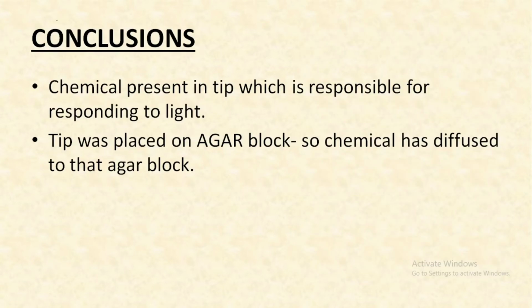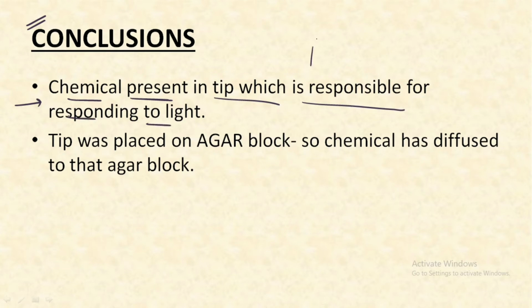There were two main conclusions after this experiment. The first is that the chemical present at the tip, which is responsible for the response to light, that is the hormone, was present in the tip of the Avena plant and helped in the bending or curvature towards the light. And second, the tip that was placed on the agar block had the chemical.